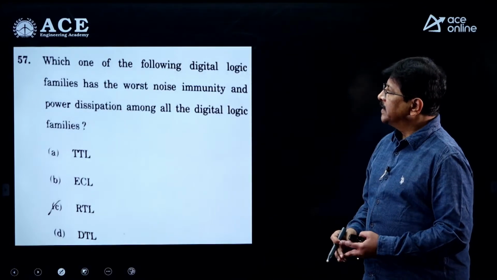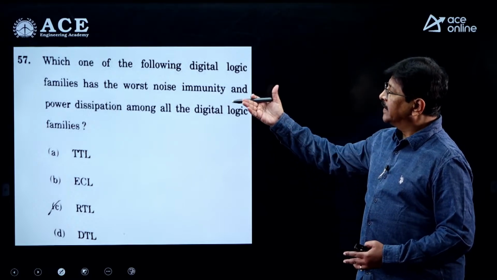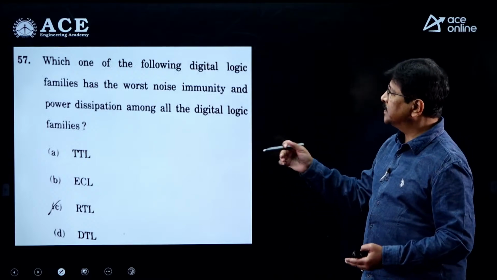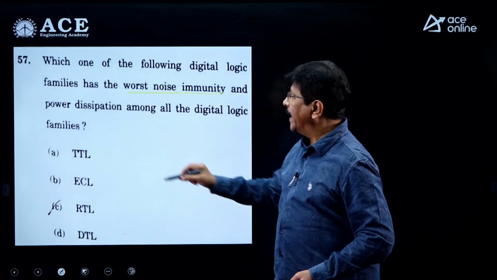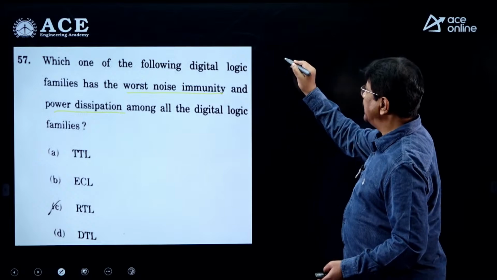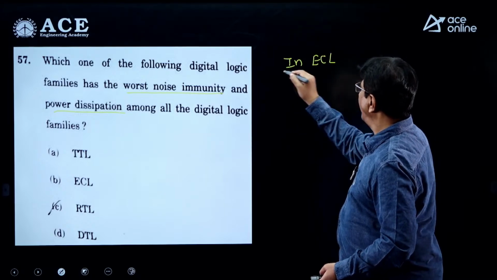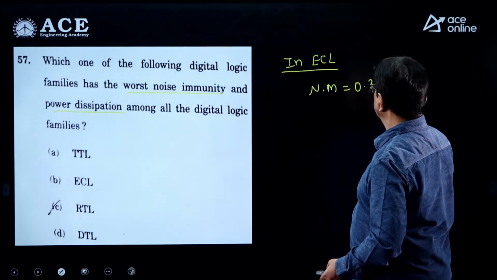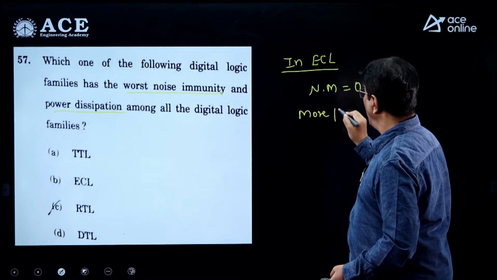Fine, this is regarding logic families. It is a memory based question. We have seen all the logic families, what their performance is, what the merits and demerits are. So this one is asking which of them is going to have worse noise immunity and more power dissipation. So we know that in ECL, noise margin is 0.3 volts and more power dissipation.